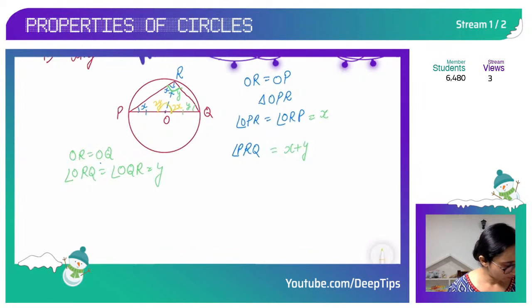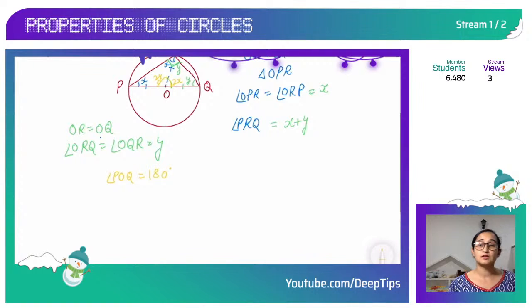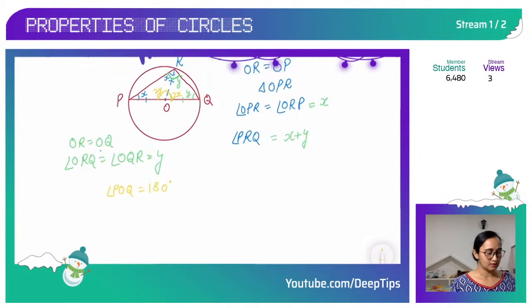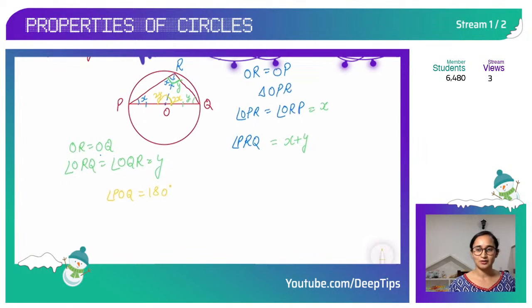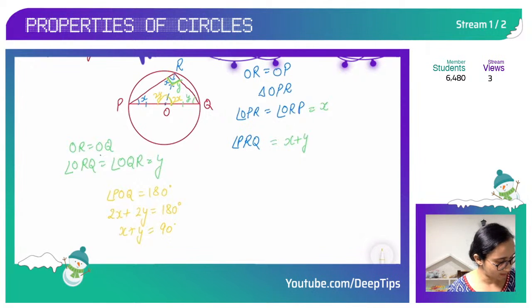Now I can clearly say angle POQ is 180 degrees because it lies on a straight line. A straight line angle is 180, we know that. So 2x plus 2y is equal to 180 degrees, right? If I take 2 common, x plus y is equal to 90 degrees, which is my angle PRQ.